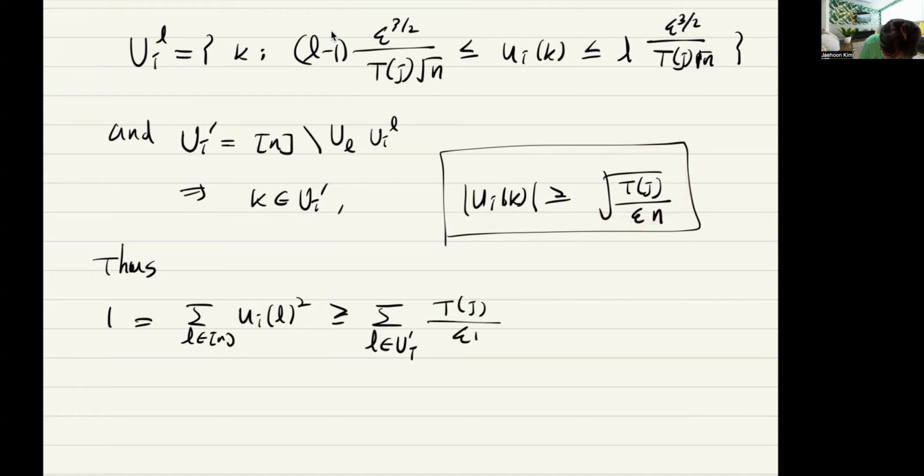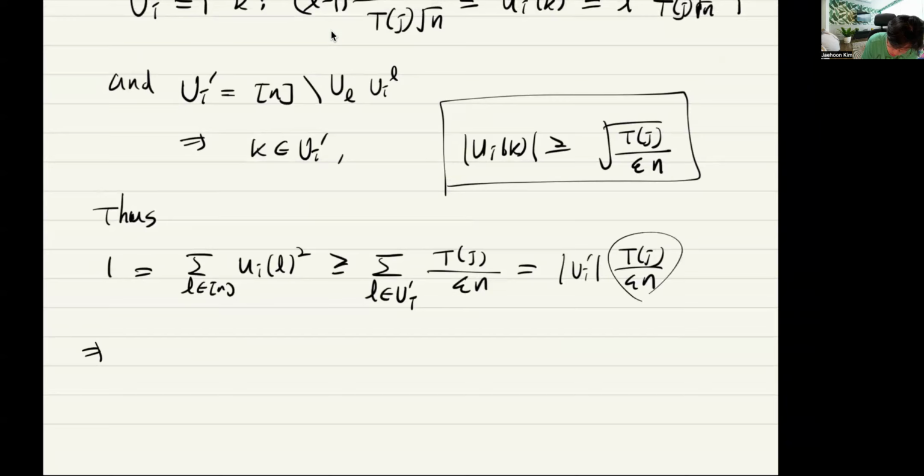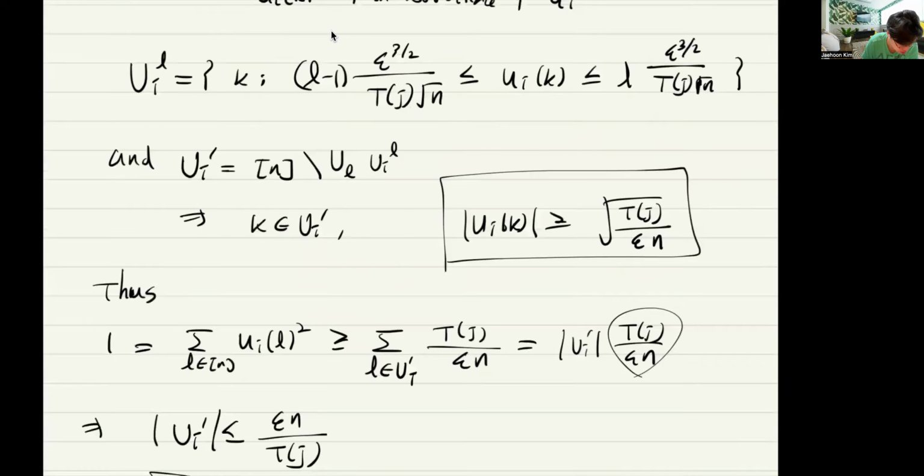So this is the lower bound, because for all these coordinates, the coordinate is bigger than this. And this is u_i prime times Tj and epsilon n. So if you divide by this, then u_i prime has size at most epsilon n divided by Tj. Okay, so we have an upper bound on its size.